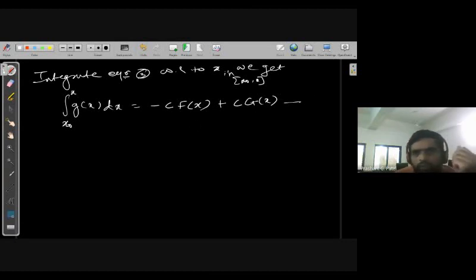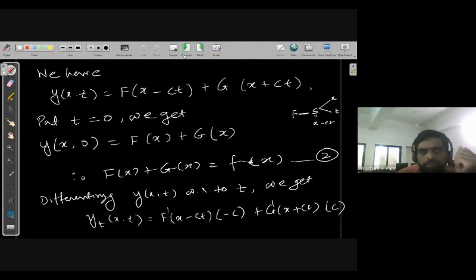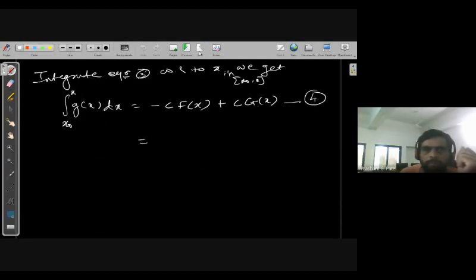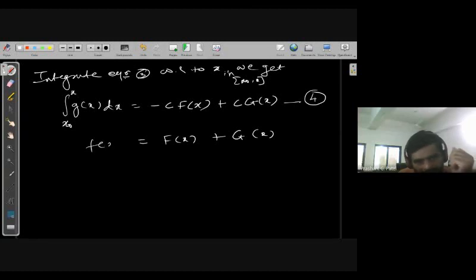Now we'll call this equation number 4. We have already equation 2, which is F(x) plus G(x) equals small f(x).